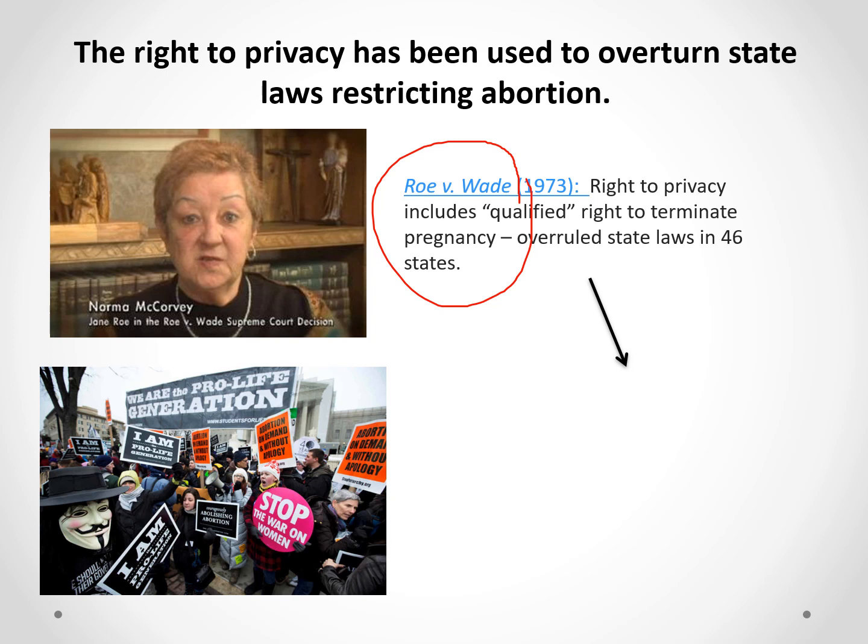Abortion has become ever more polarizing and controversial. In fact, the pro-life movement is stronger now than it was in 1973 when Roe versus Wade was decided. And in fact, if you click on that link, Norma McCorvey herself, Jane Roe herself, is now a pro-life activist.